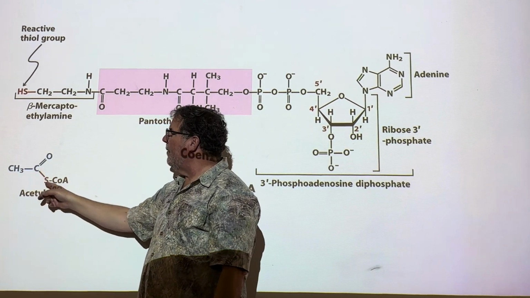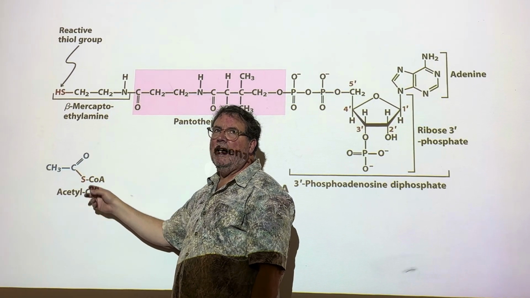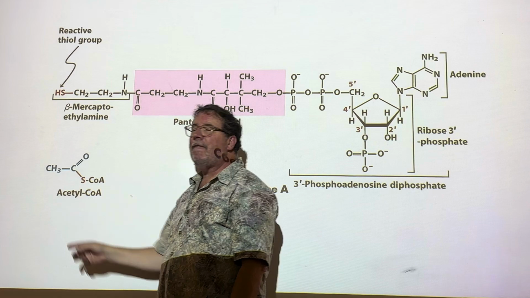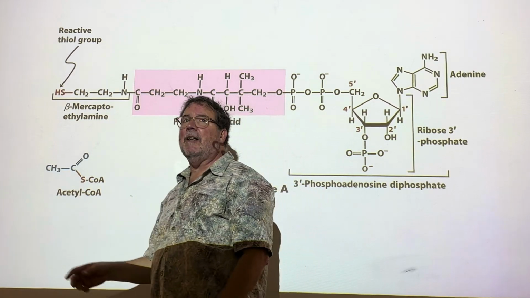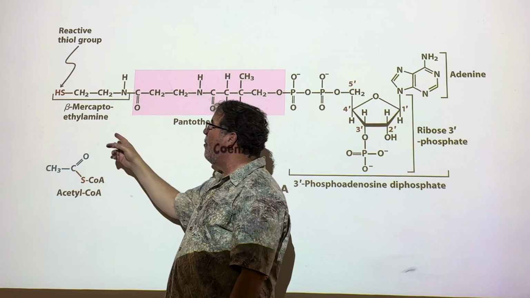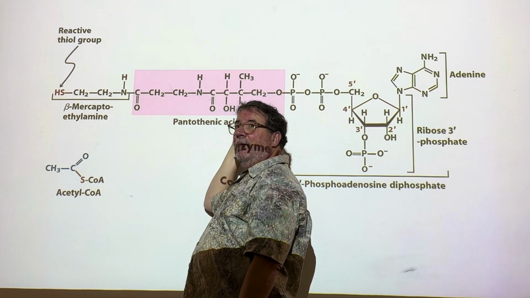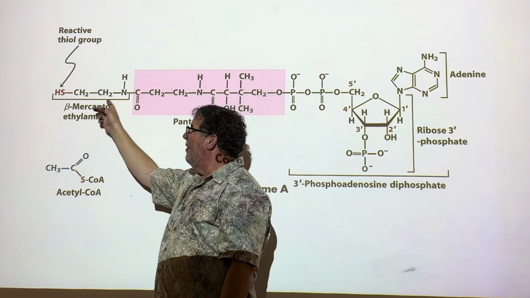Why is this important? This thioester right here is actually a relatively high energy bond. And so we can use that to drive other reactions, like in citrate synthase when we get into the citric acid cycle. So just recognize when I put CoA, I'm kind of cheating a little bit. There's a whole bunch of that molecule that I'm not drawing out.